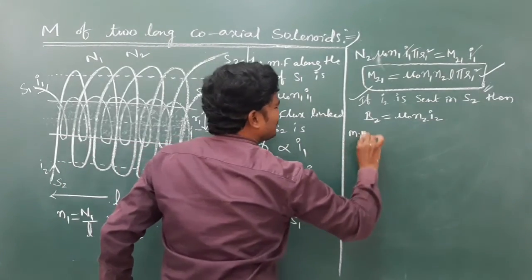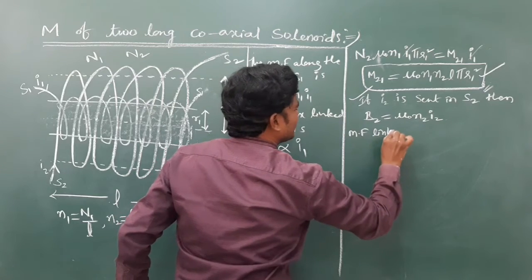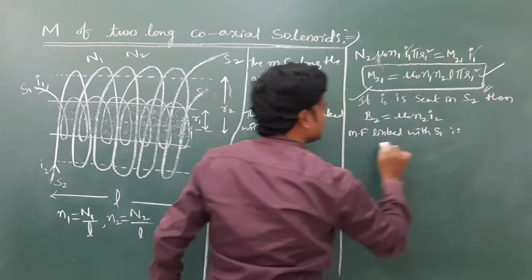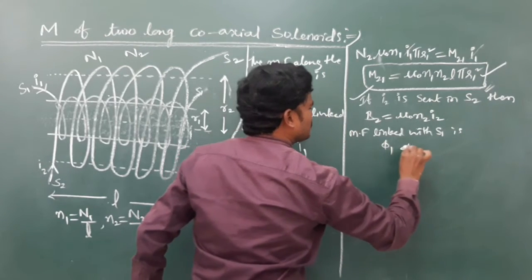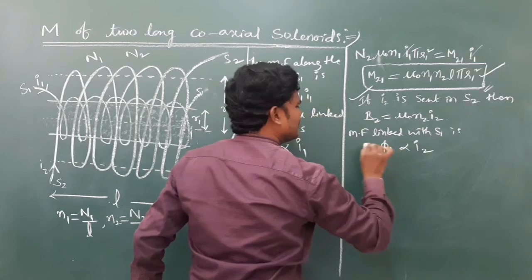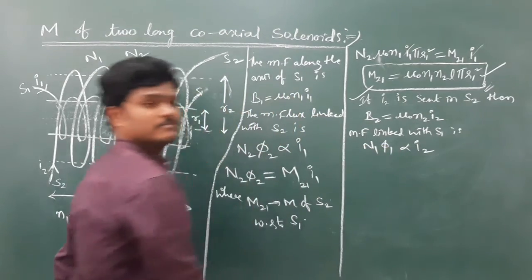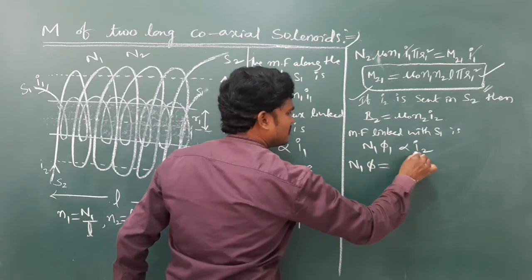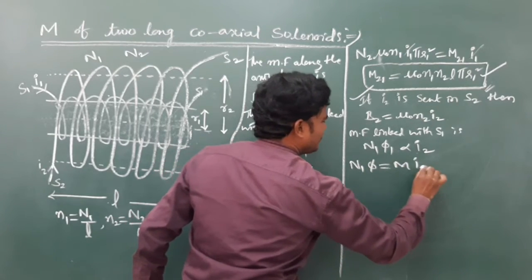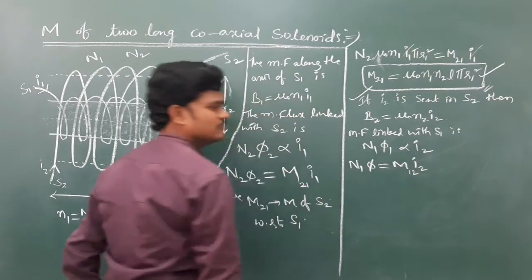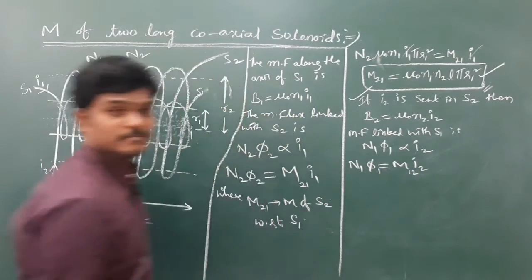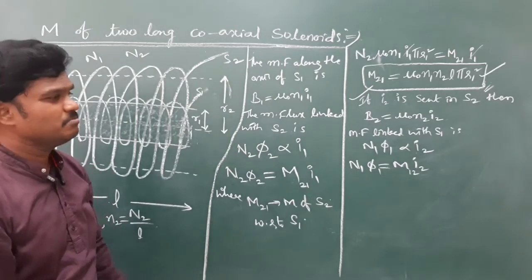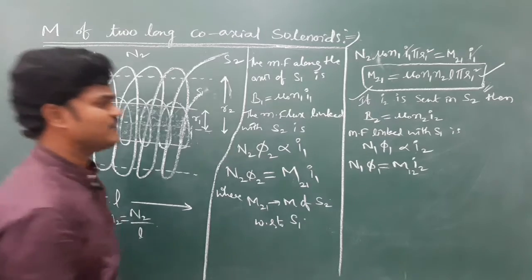So the magnetic flux linked with S1, phi 1, is proportional to I2, and with N1 turns, N1 phi 1 is equivalent to M I2. Here the name is 12, because M12 is the mutual inductance of 1 with respect to 2.